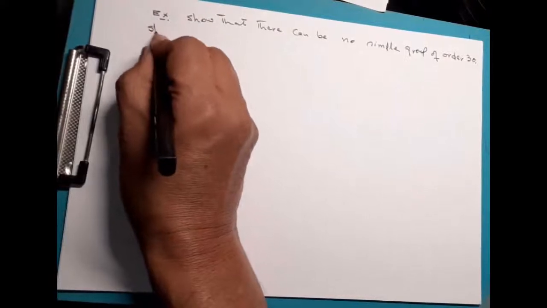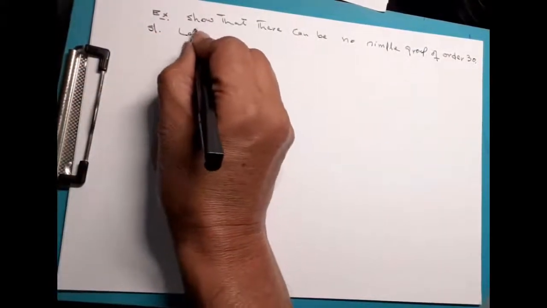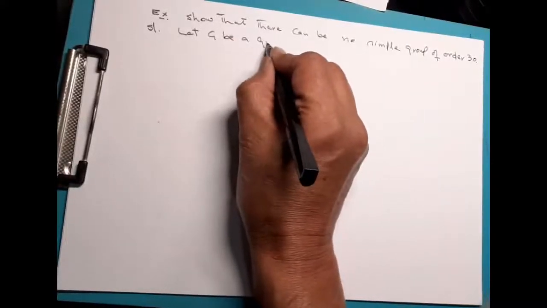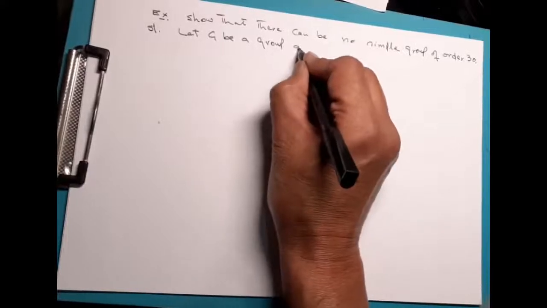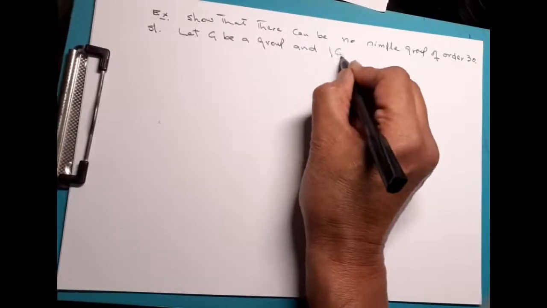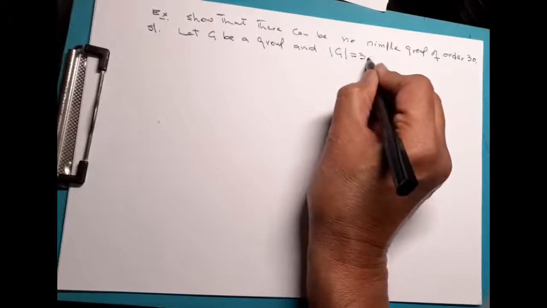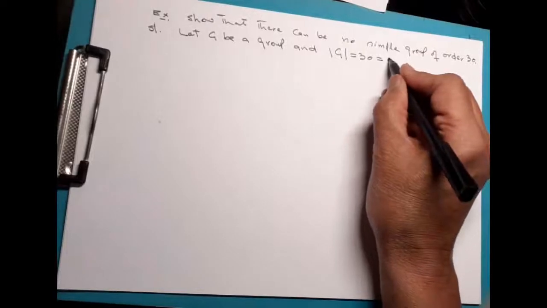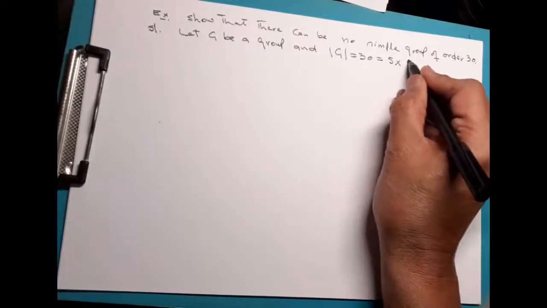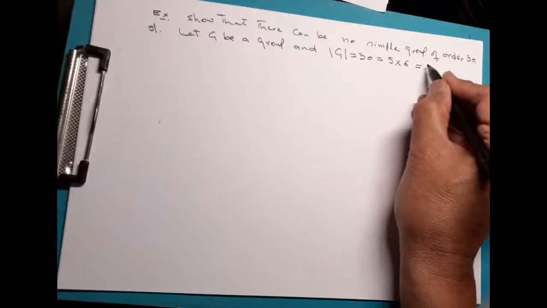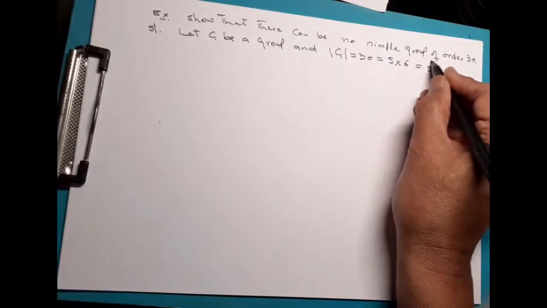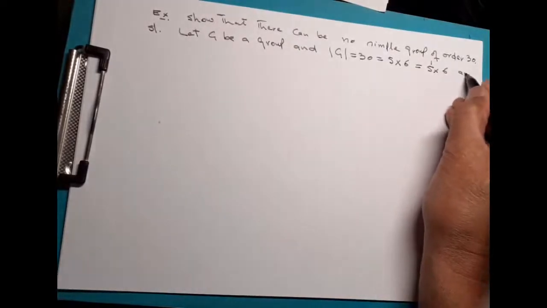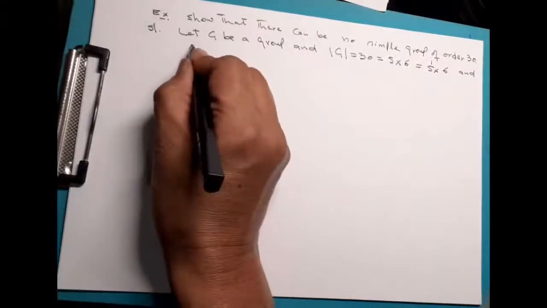So for the solution, let G be a group and suppose that the order of G is equal to 30, and you know that 30 can be written as 5 multiplied by 6, or if you like, 5 raised to power 1 multiplied by 6, and we know that 5 and 6 are co-prime.